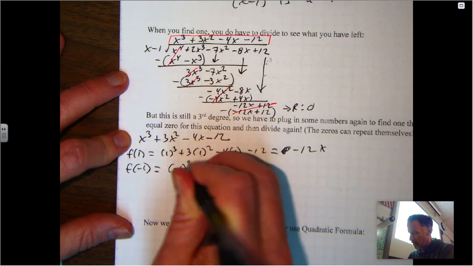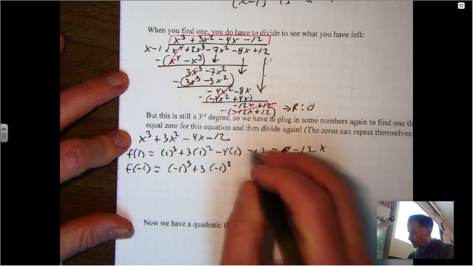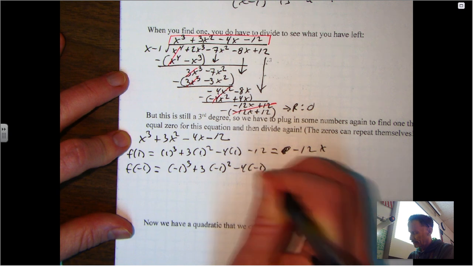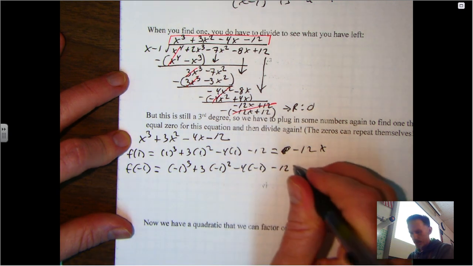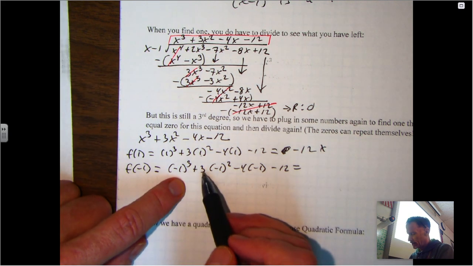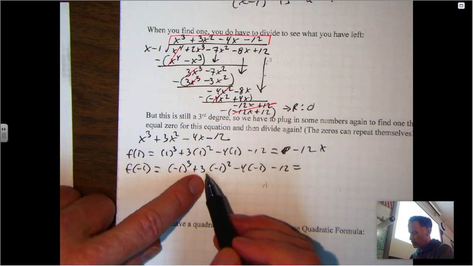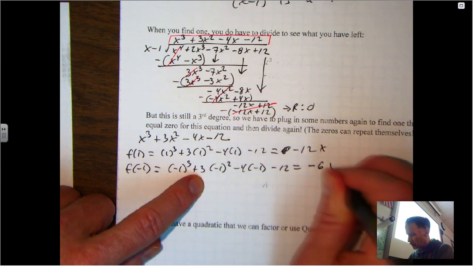So negative 1 to the third. And that's going to be negative 1 plus 3, which is 2. 2 plus 4 is 6. 6 minus 12 is negative 6, so that doesn't work either.